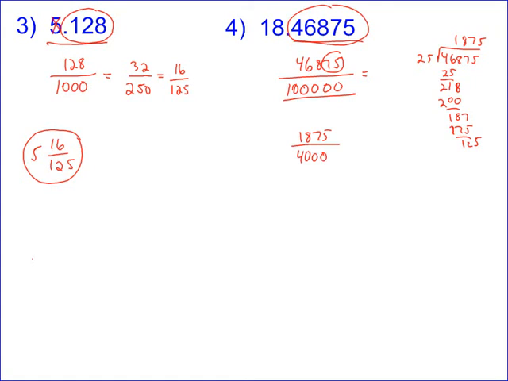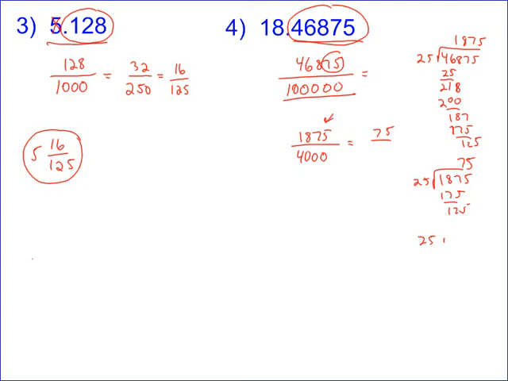Notice how, again, I'm pretty close to 1/2 there. 2,000 is half of 4,000. 1,875 is just under 2,000. Again, it's got a 75 here, so we're going to do a 25 again. When you do 25 into 875 this time, you notice you get 7, which gives you 175, and then 125, so 75.